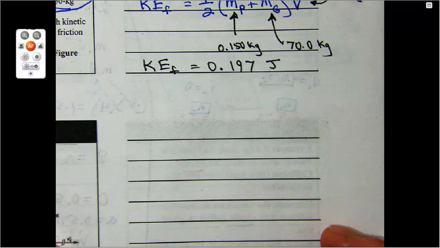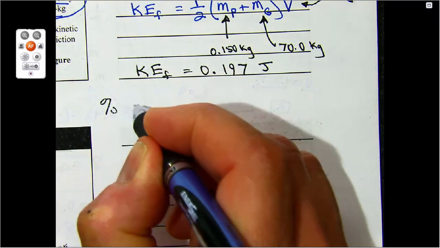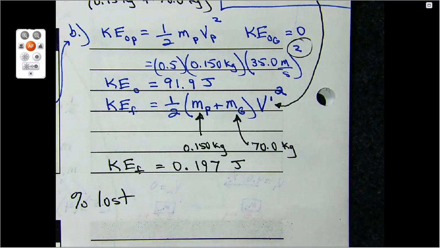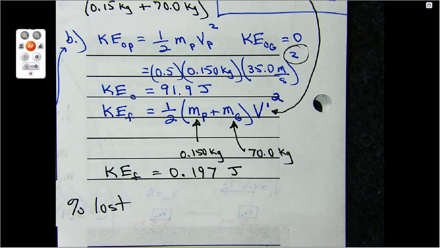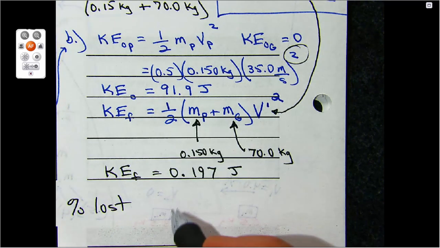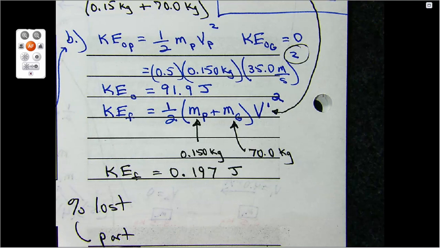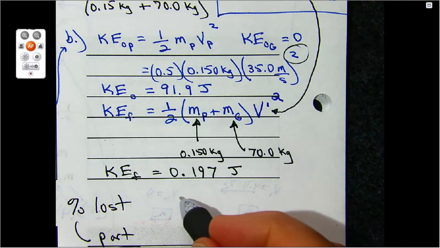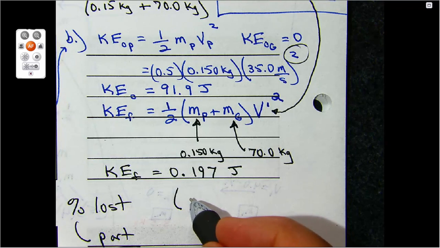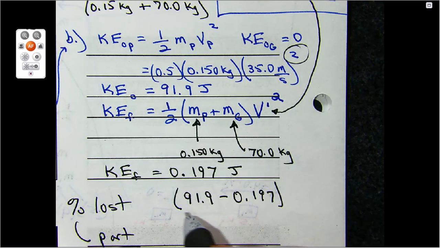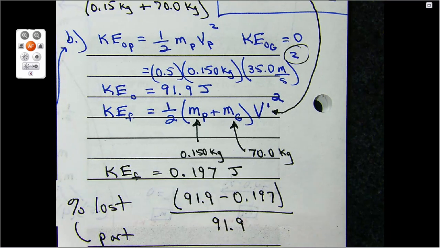Now, what percent is lost? If we did percent lost, we would do the part lost. Percent is part over the whole, right? Well, what do we have left? We started with 91.9 minus 0.197, over 91.9, right?